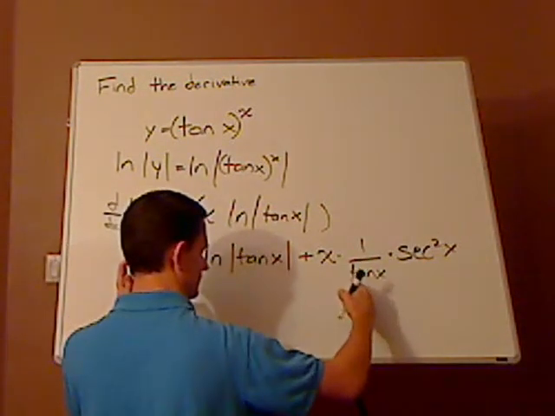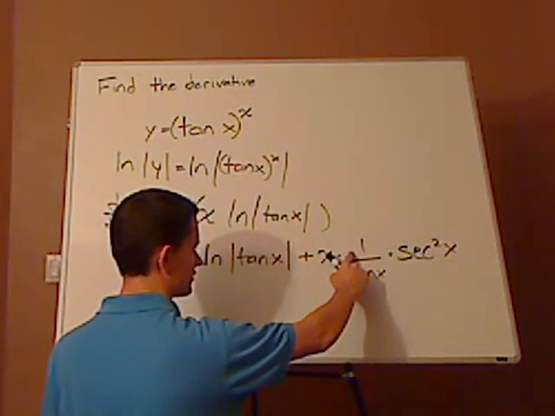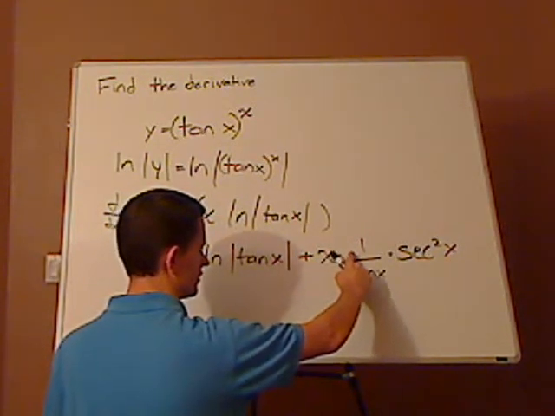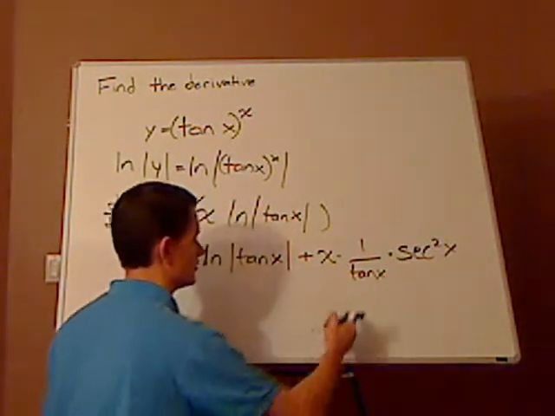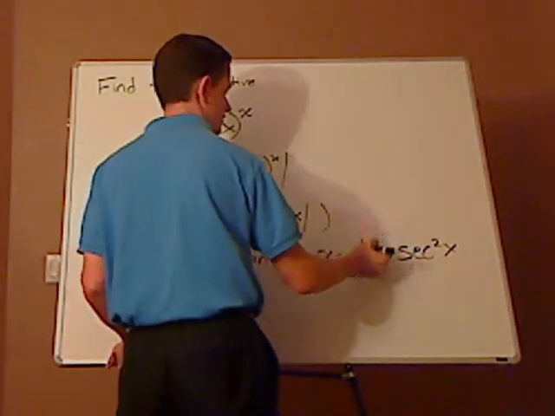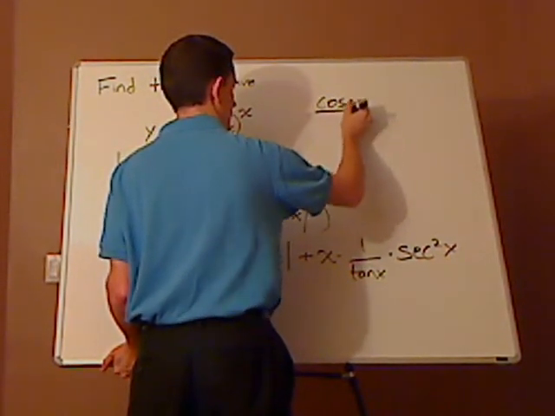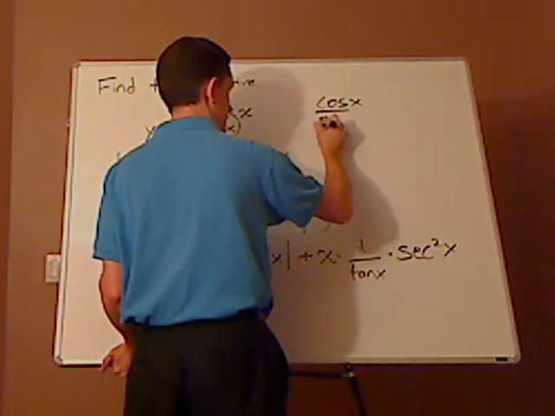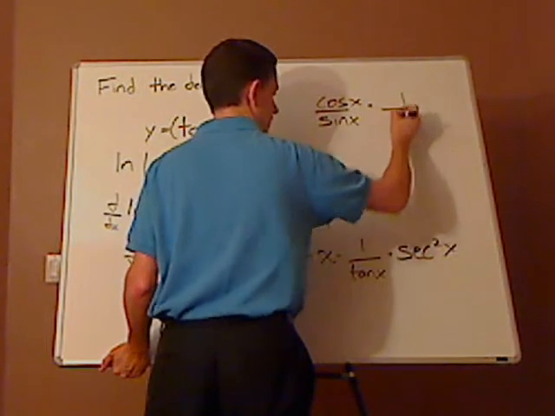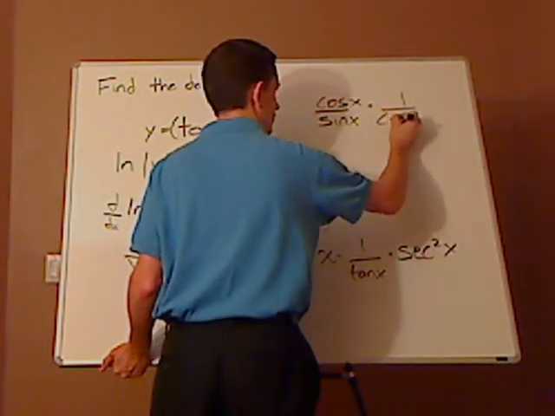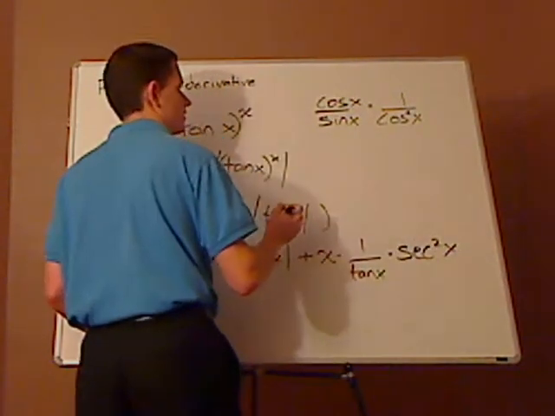But let's see, this would be cotangent x, so cosine x over sine x, times 1 over cosine squared x.